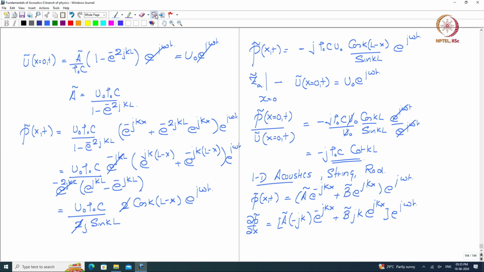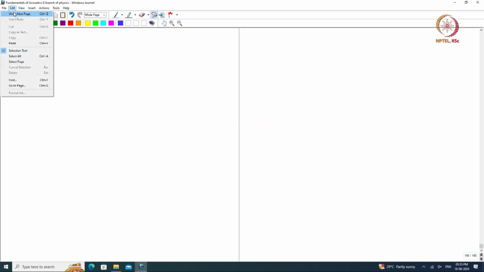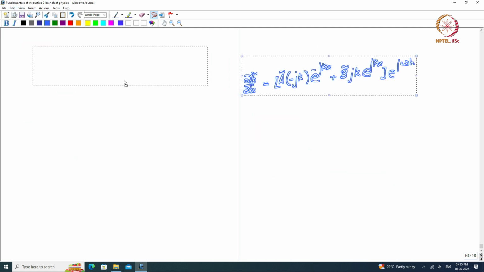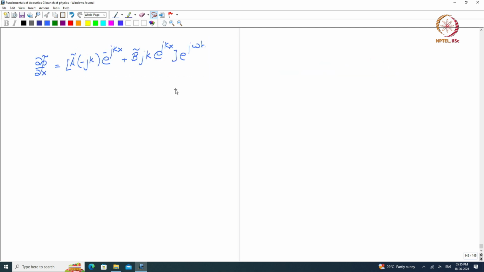Let me take this. Copy, paste. Okay. Then that is equal to minus j omega rho times velocity. I am using velocity sometimes u tilde, sometimes v tilde, it is okay. And there is the e to the power of j omega t, as I said, we have this issue all the time.